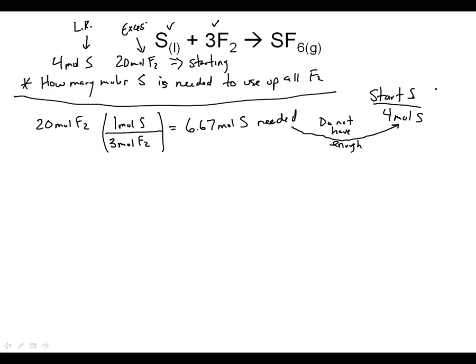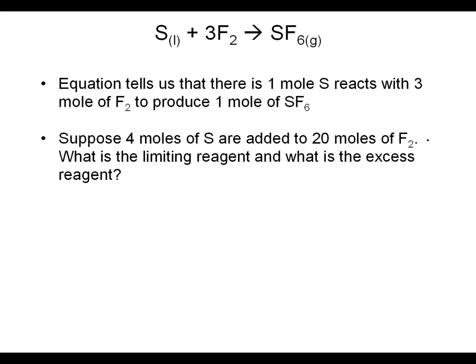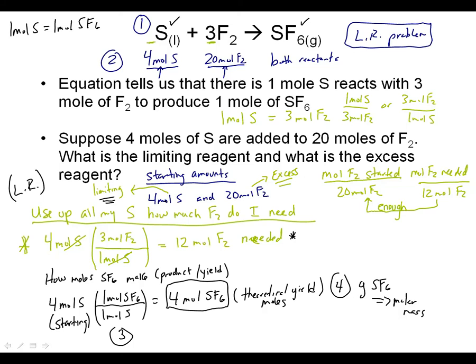So what this calculation demonstrates is, in order to determine which one is the limiting reagent, I'll go back a page here. You can pick either one of the reactants and do a similar calculation. And you don't have to do both, by the way. Not in all cases do you have to do both.